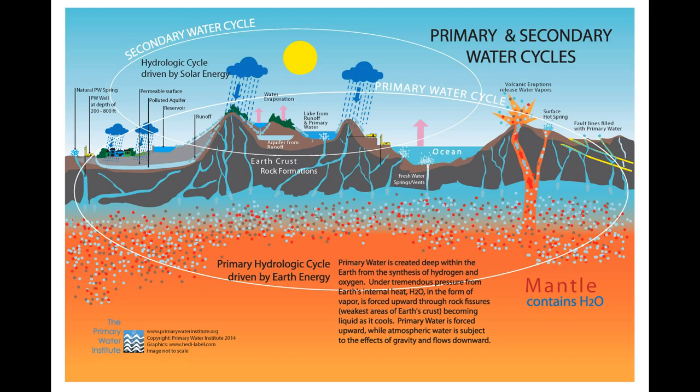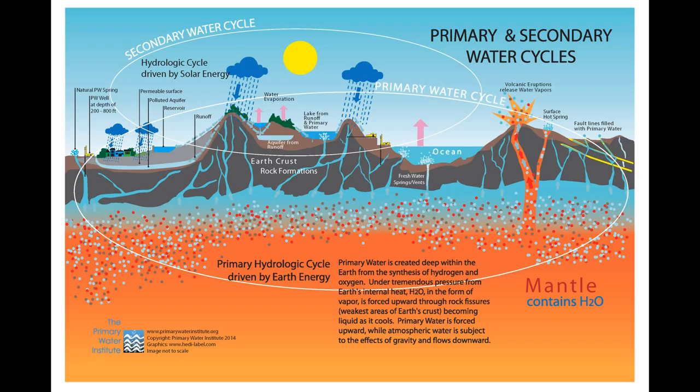We're going to be talking about the primary water hydrologic cycle driven by Earth's energy. Primary water is created deep within the earth from the synthesis of hydrogen and oxygen under tremendous pressure from the Earth's internal heat.